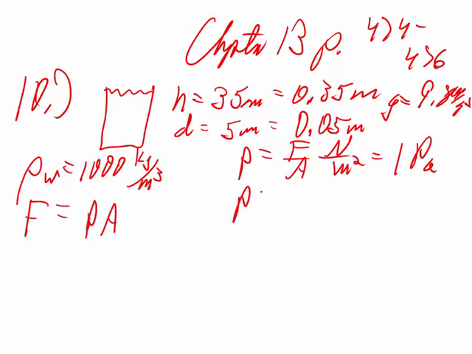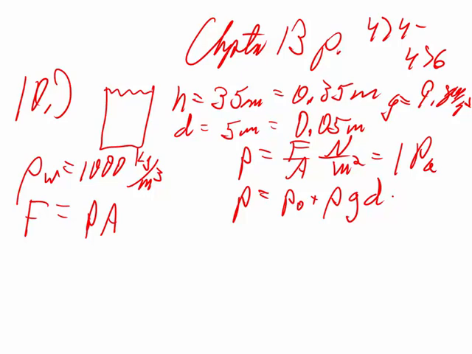So pressure would be equal to pressure naught, the initial pressure, atmospheric pressure, plus the pressure produced by the density of the water, so that's rho times g times the distance, the height of the beaker.